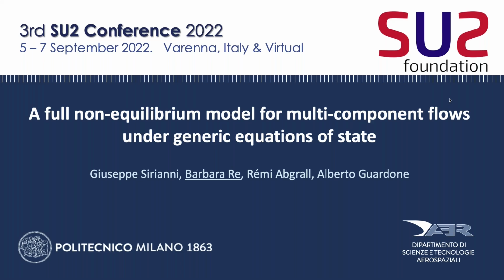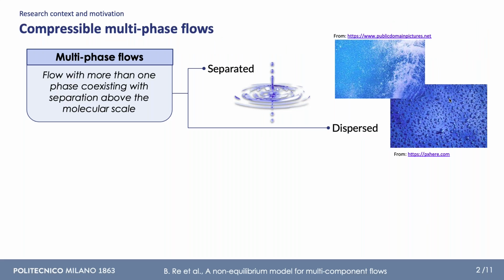Okay, welcome. Good afternoon to everyone. In my talk, I will speak about multi-component or multi-phase flow, and in particular compressible one. So we start describing what these fluids are, and they are defined as a flow with more than one component that coexist, but there is some separation at a scale above the molecular level.